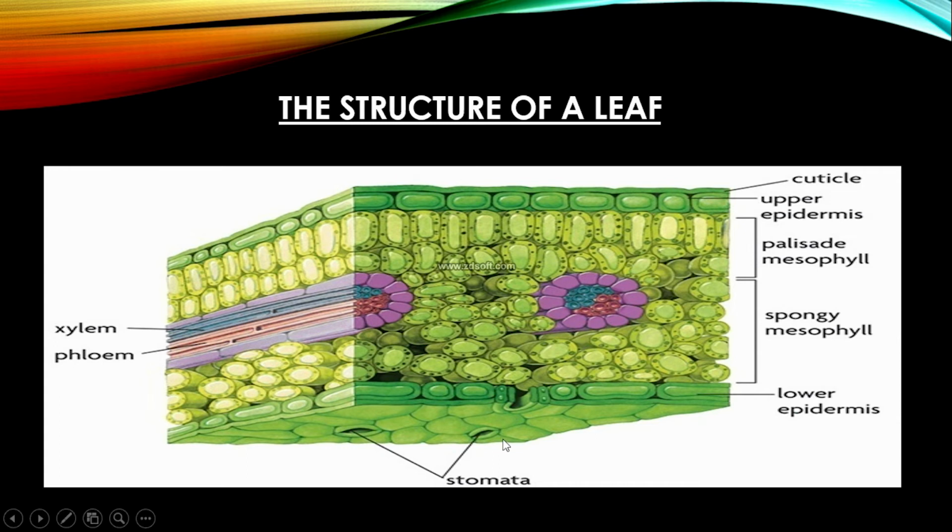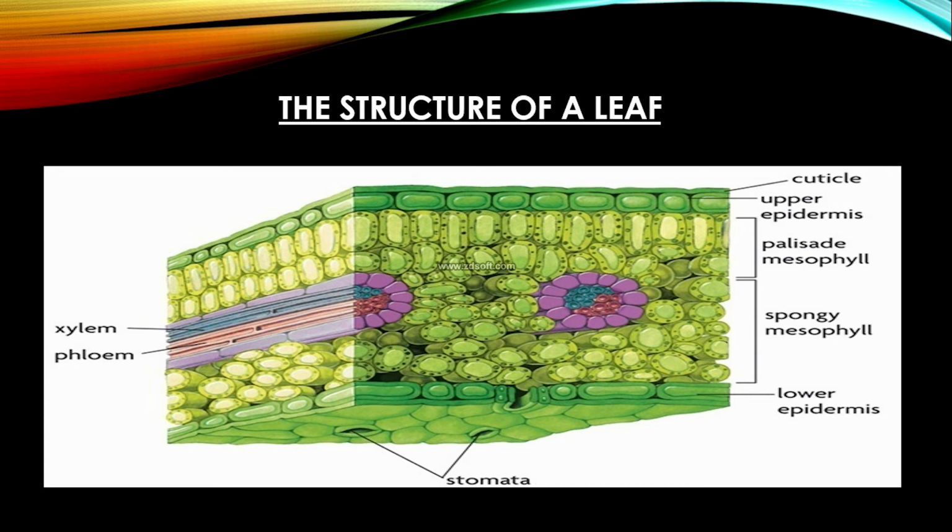Then in the spongy mesophyll, there are many air spaces, as we may see on this diagram. Those air spaces allow carbon dioxide, water vapor, and oxygen to diffuse to and from the leaf cells.